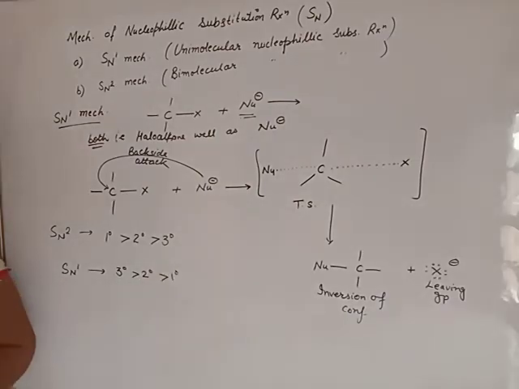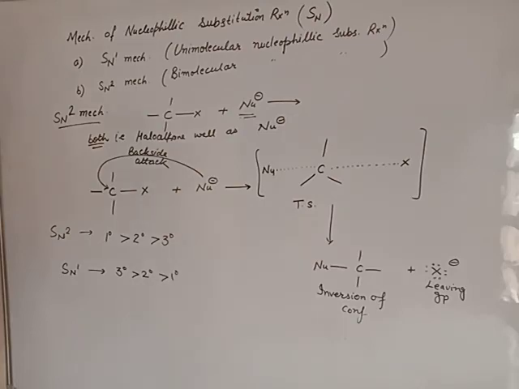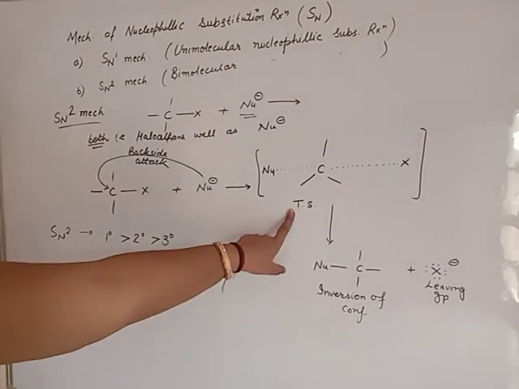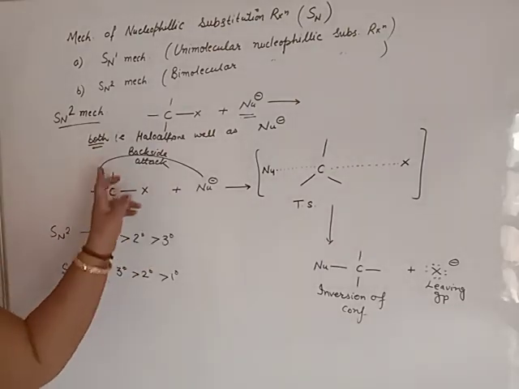Now, what is the difference between SN2 and SN1 mechanism? Beta, in the case of SN1 mechanism, rate of reaction depends upon haloalkane only, but in case of SN2, rate of reaction depends upon both. SN1 is a two-step mechanism, SN2 is a one-step mechanism. In case of SN1, carbocation is formed. In case of SN2, no carbocation is formed; only a hypothetical transition state comes. In SN1, both side attack is possible, front side as well as back side.